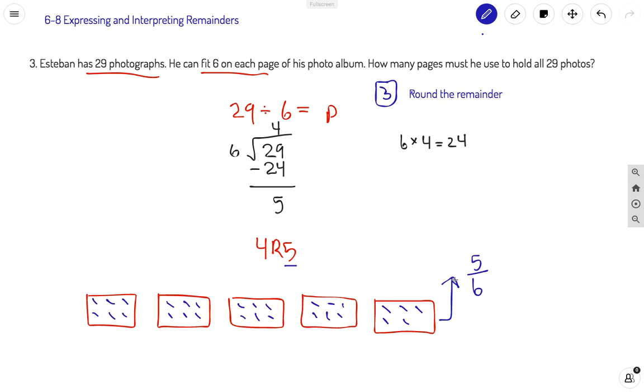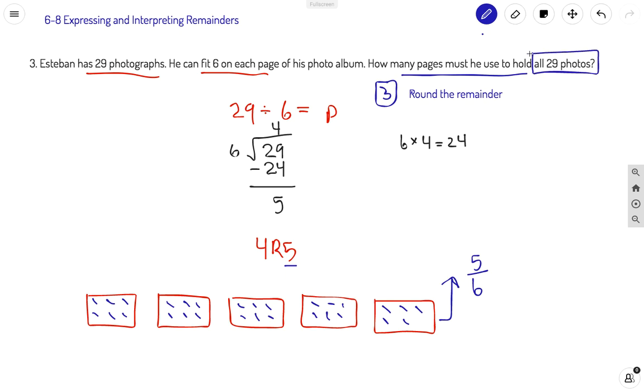So now if we go back down here and look at our 1, 2, 3, 4 full pages of pictures, and then on this last page we used 5 of the 6 slots that we had to put a picture in, and they want to know how many pages must he use to hold all 29 photos.